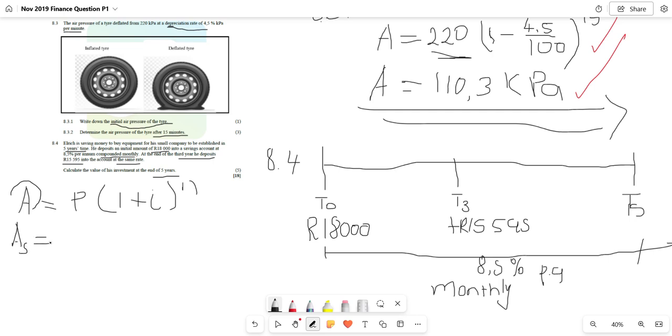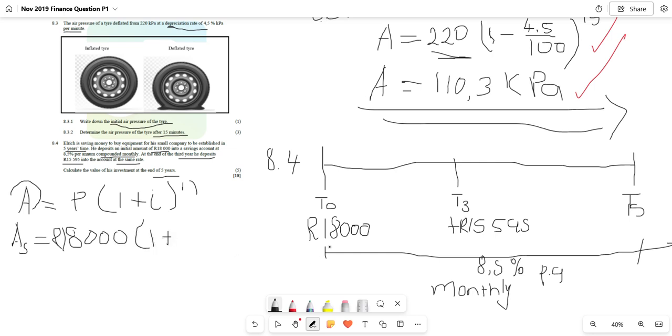That is equal to, now, each and every amount that we have here is going to run its race until the 5-year period. What do I mean? Let's start with the first amount. The initial amount was 18,000 rand, in bracket 1 plus.